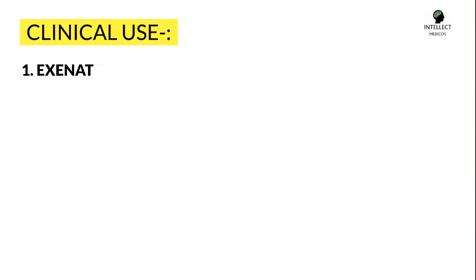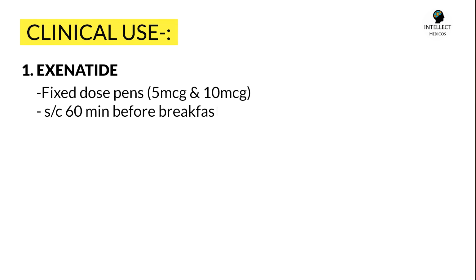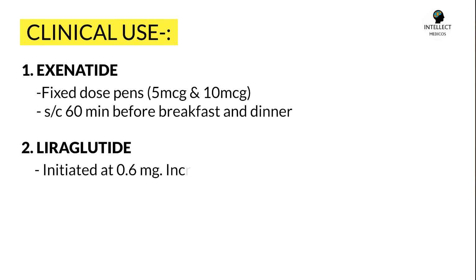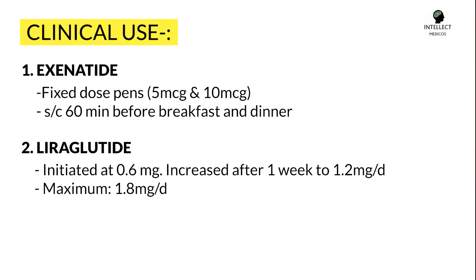Now, if we talk about the clinical use, first, exenatide is dispensed as fixed dose pens of 5 microgram and 10 microgram and is injected subcutaneously within 60 minutes before breakfast and dinner. Second, liraglutide. The treatment is initiated at 0.6 milligram and increased after 1 week to 1.2 milligram daily.